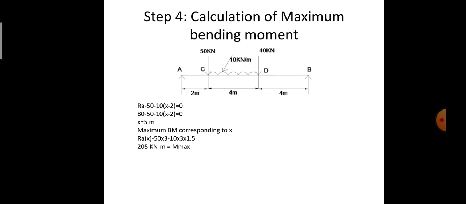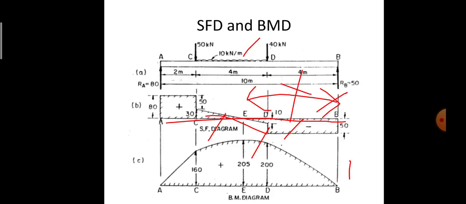How I have got this x is equal to 5 means I have just substituted that shear force at the point of maximum bending moment is equal to 0, and the distance wherein the zero shear force is located, I have marked as x, so that if I want to take the value of the maximum bending moment corresponding to the distance x, it is given as 205 kilonewton meter.